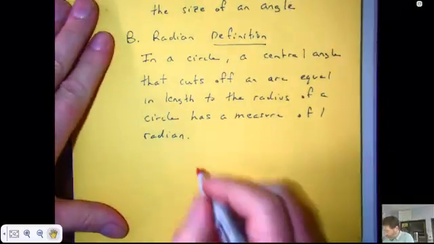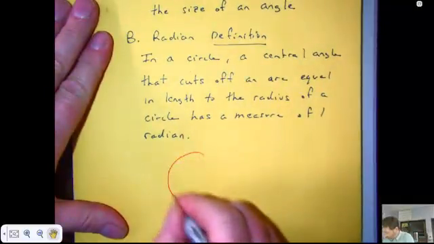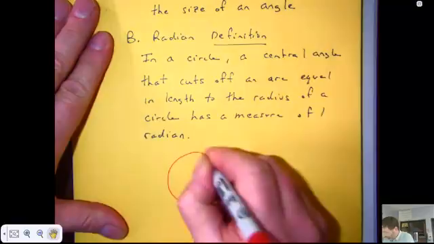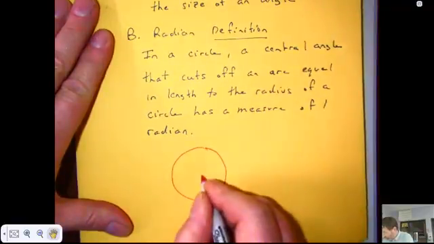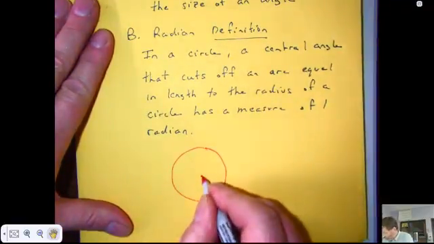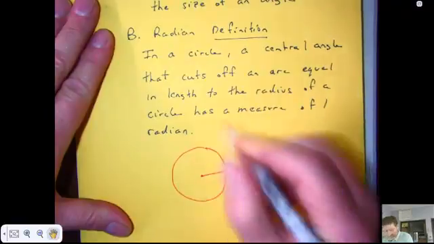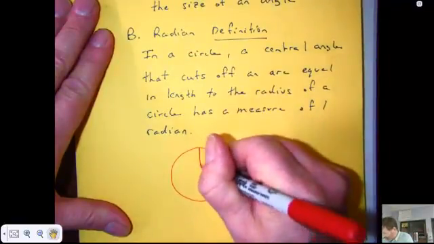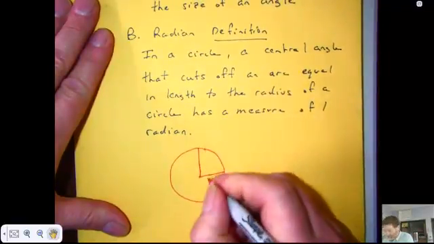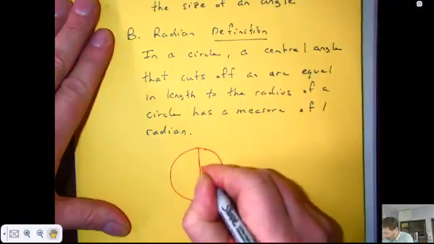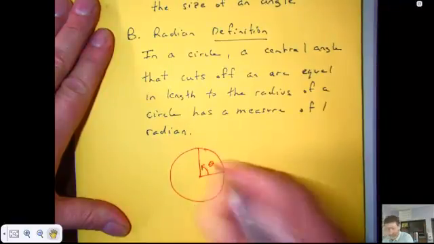So we have this circle, and we cut off an angle, and this angle here we'll call theta.